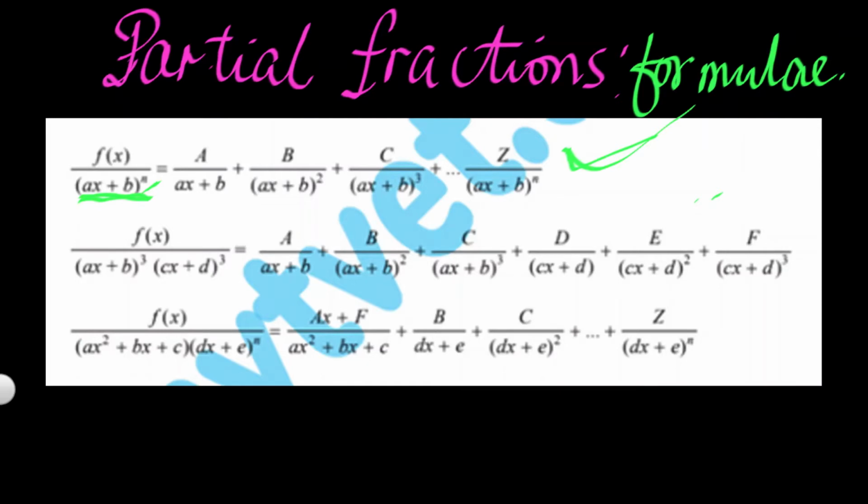This is the general form of those partial fractions that you're going to form. And here we have one linear factor raised to a power as our denominator. Then this is the format that you get here.